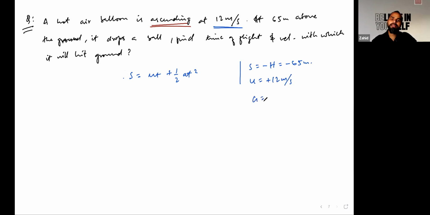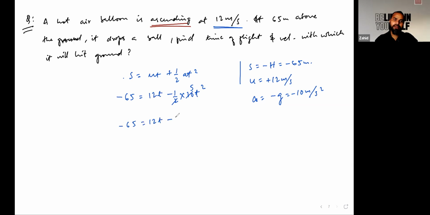And acceleration is always taken as minus g, or minus 10 meters per second square. Putting all these values in this equation, it will be minus 65 equals 12t minus half into 10 t square, that is 5t square. So minus 65 equals 12t minus 5t square.